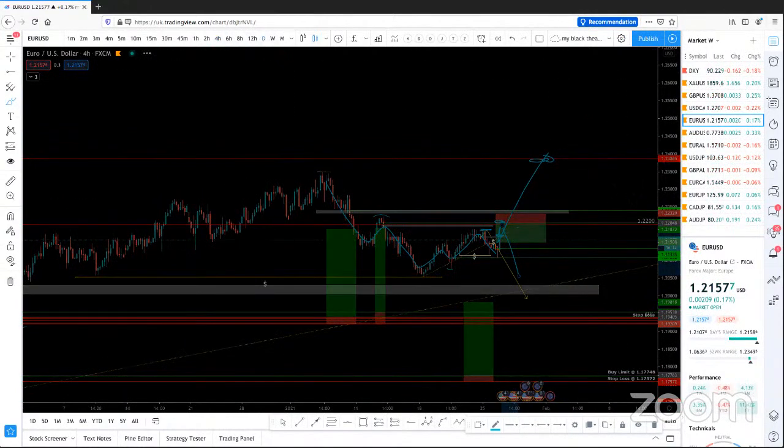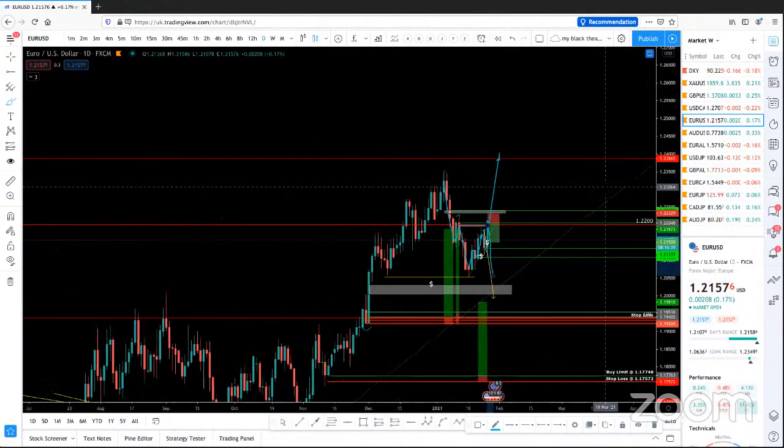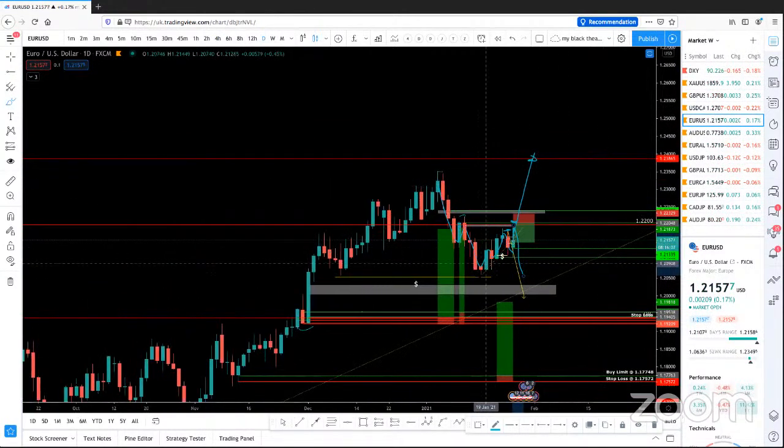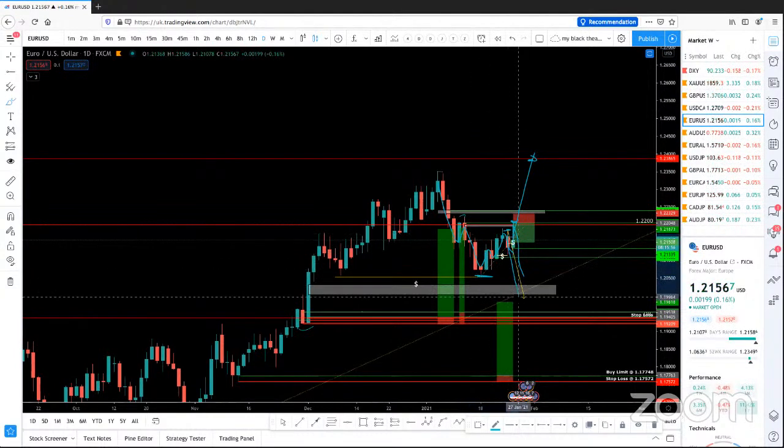Let me show you the daily time frame. I don't want it to violate this low. If the low is taken, then Euro USD would come lower to this level.